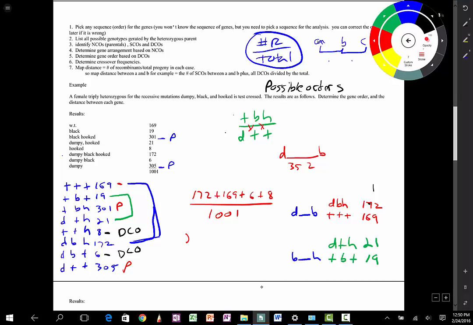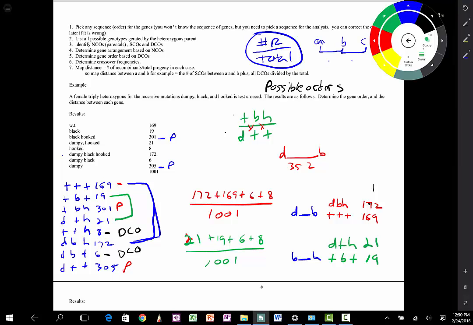The other one is 21 plus 19, but we also have to add in the double crossovers. Also divide that by 1001. 21 plus 19 plus 14 is 54, divided by 1001 is 0.053.